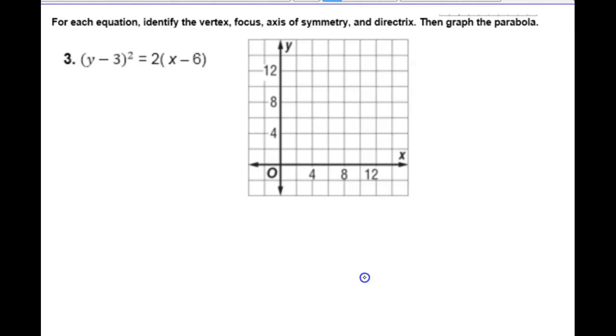All right, number 3, you have this one. Can you try this one on your own? I think p is getting real small now.